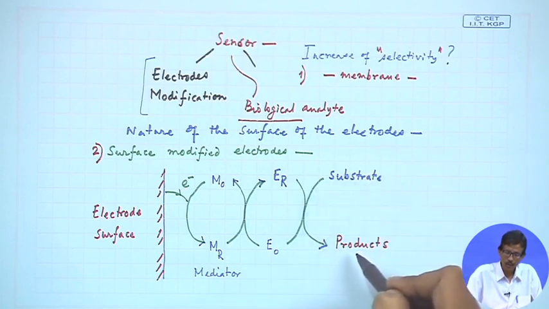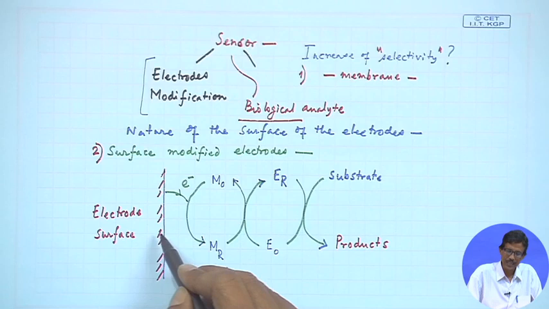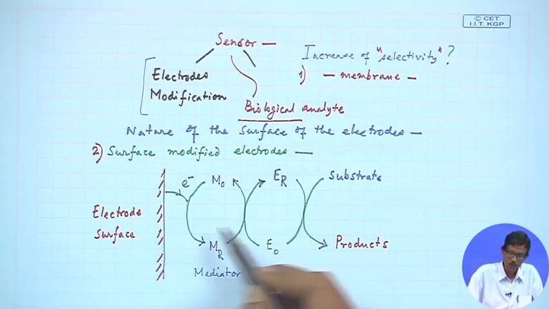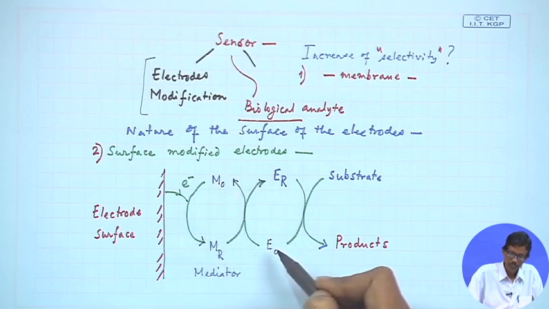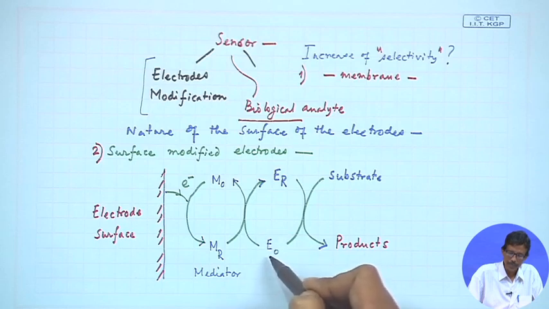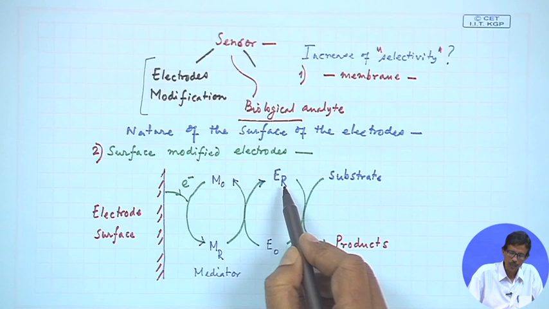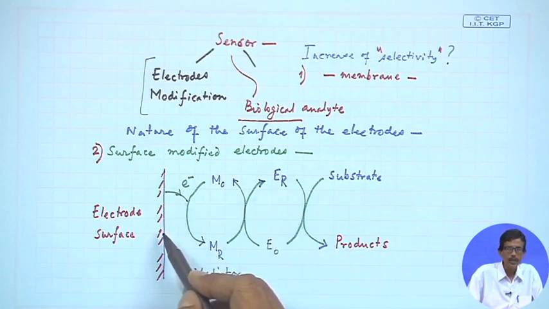If it is not, then you bring the enzyme. If it is not active in that way for electron transfer directly from the electrode, because this enzyme is looking for reduction from the mediator oxidized to the mediator reduced, it is not that the electron can go to the enzyme directly. That means the oxidized enzyme may not be reduced directly by attaching it to the electrode surface.